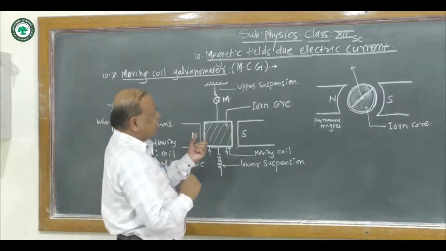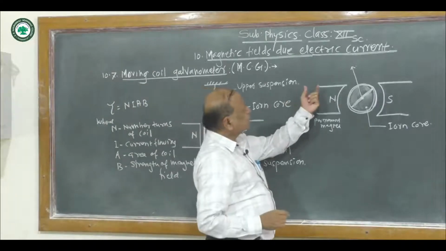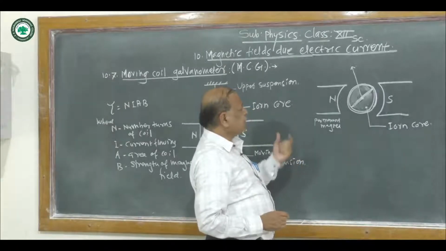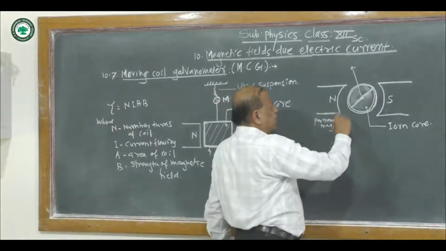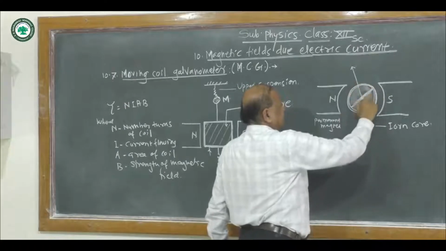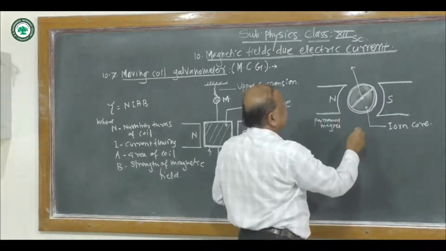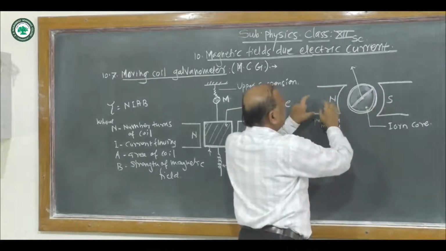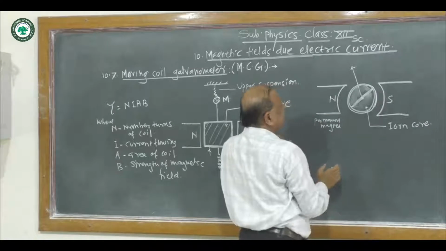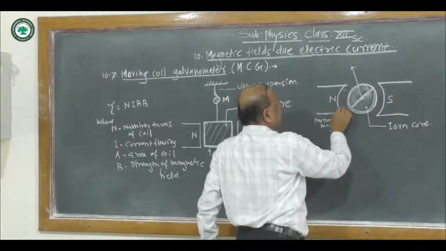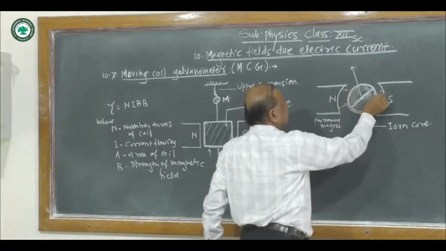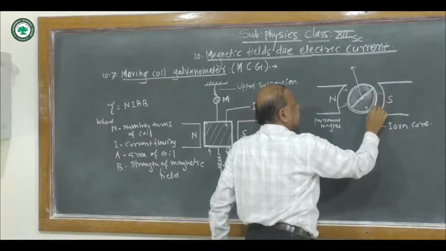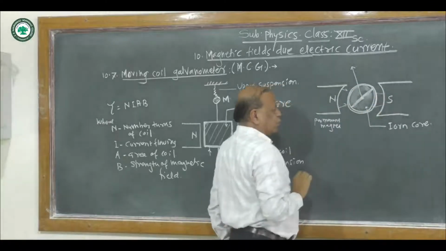In the same way we can explain the construction of the pivoted type moving coil galvanometer. The same procedure is there. The coil is placed in between two concave shaped iron pieces, and here a radial magnetic field acts on the iron core.